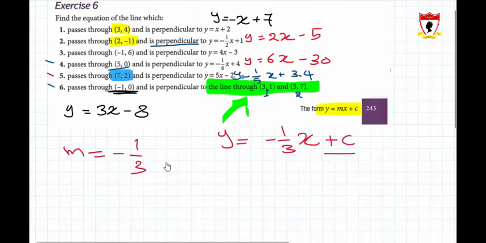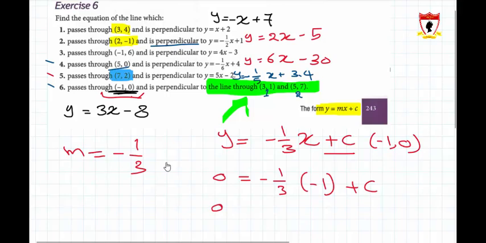To find c, one point is given here, which is negative 1, 0. We'll put negative 1 in place of x and 0 in place of y. This will help us to find the value of c. 0 in place of y equals negative 1 over 3 times negative 1 plus c. 0 equals, negative times negative will be positive, 1 times 1 over 3 is still 1 over 3, plus c. 1 over 3 plus c is equal to 0.